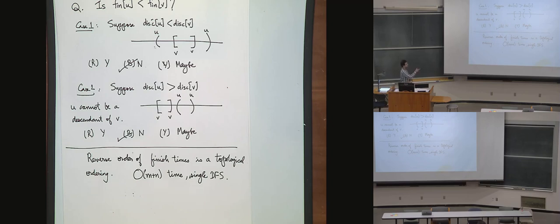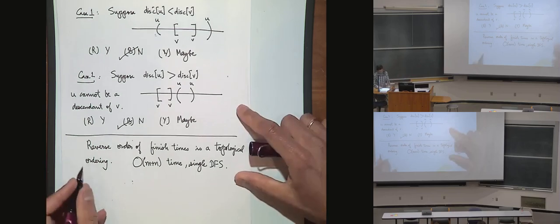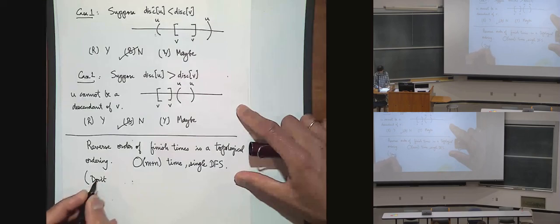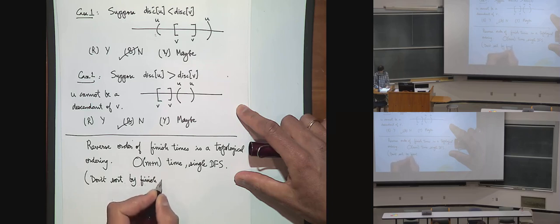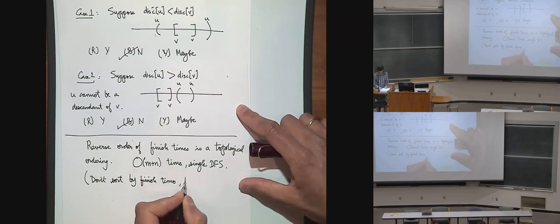Technically, you don't really go and sort those numbers because that would give you n log n to sort. Actually, every time you finish, you can just push it in front of a list. Actually, no, the other way around. So you can just create a stack. Every time you finish something, you just push it on top of a stack. And you keep doing this, in the end, the stack will give you the topological ordering, right? So just as a comment, don't sort by finish times.